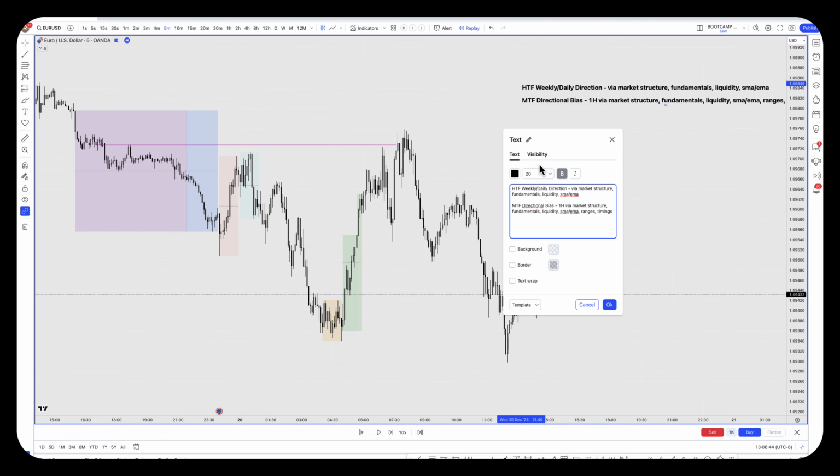So these are your middle time frame directional biases. We expect certain things to happen at certain times. We expect certain reactions at certain levels of liquidity, and that sort of thing. If this aligns with the higher time frame bias, that is a trade we can hold longer. If it does not align with the higher time frame bias, it is likely going to be a shorter trade.